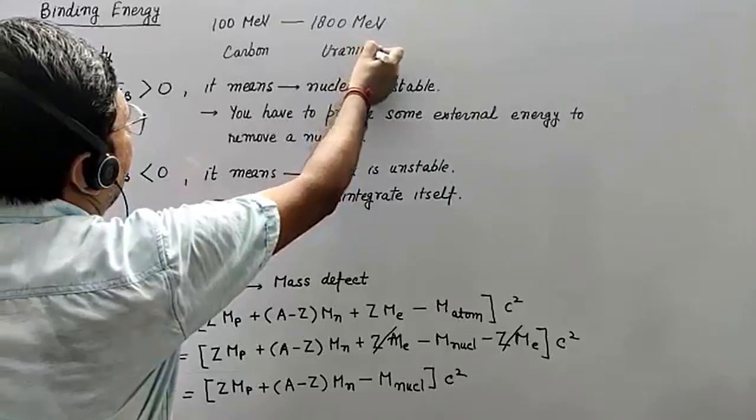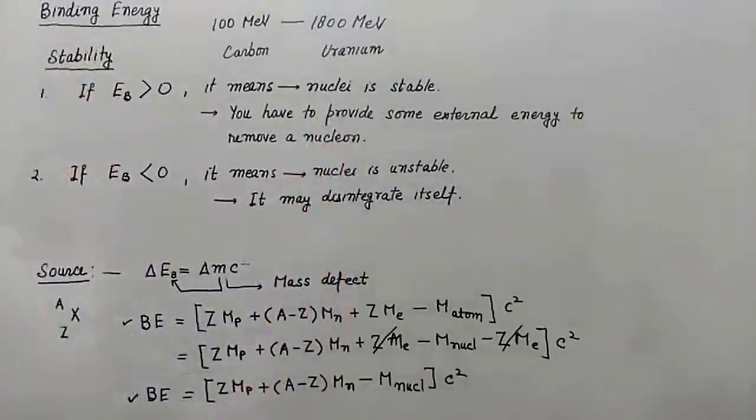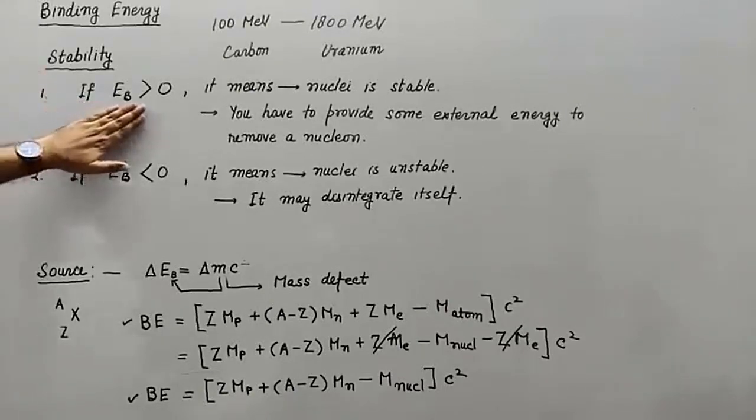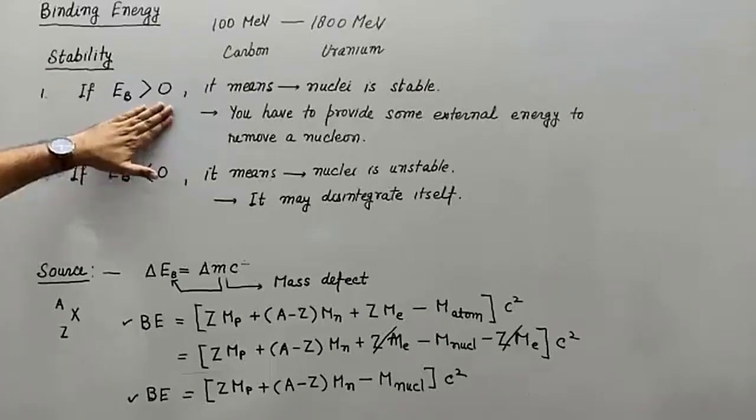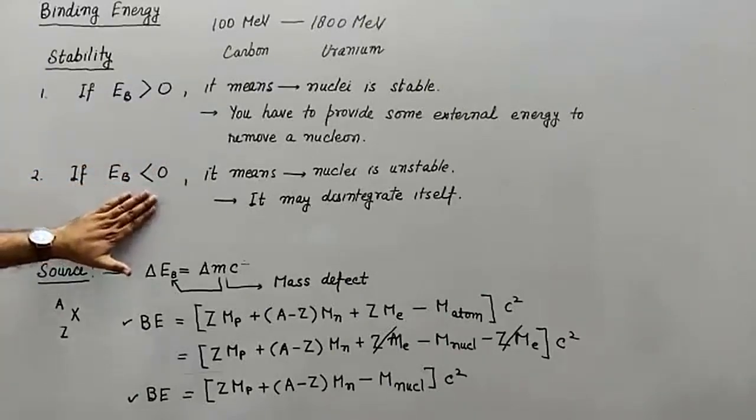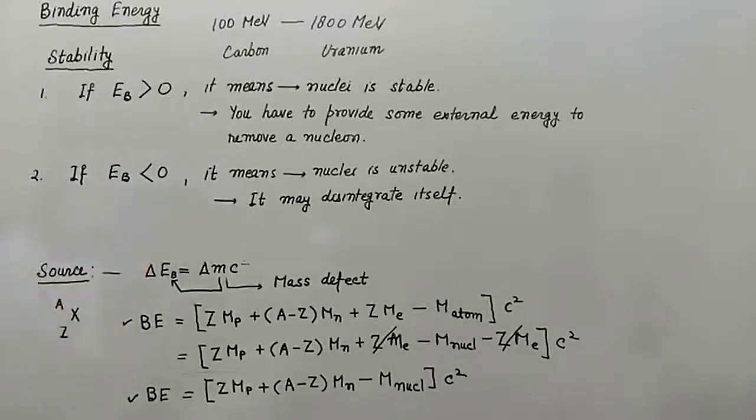So this is the rough range of the binding energy for different nuclei. So basically the advantage of binding energy is that it provides us information about the stability of the nuclei. If binding energy is positive, the nuclei is stable. If binding energy is negative, the nuclei is unstable. This is an important thing that we can find out with the help of the binding energy.